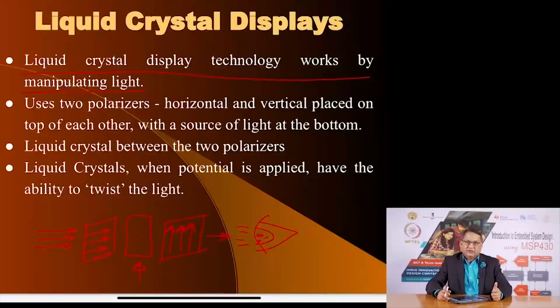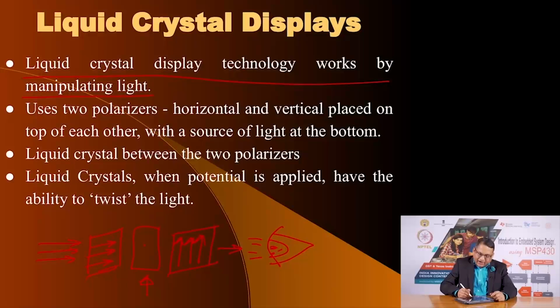But the intervening liquid crystal has a great ability: once you apply potential to it, it has the ability to twist the light, meaning it can change the direction of the light which reaches the crystal. And if it is aligned to the vertical direction, then that light will come out and the human eye can see it.